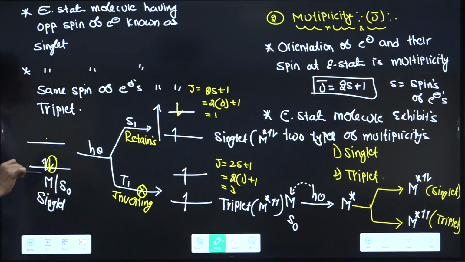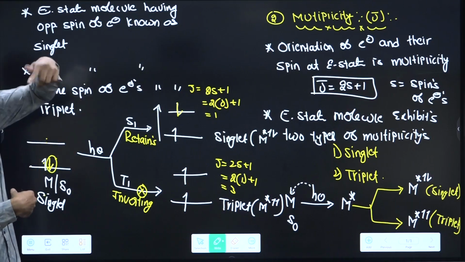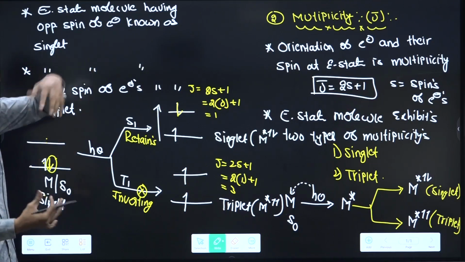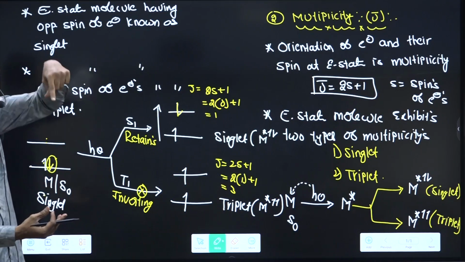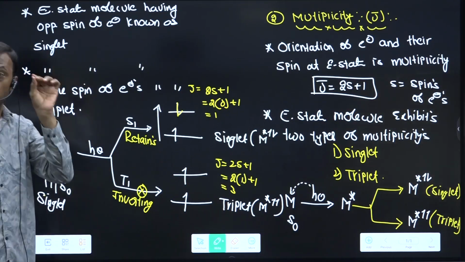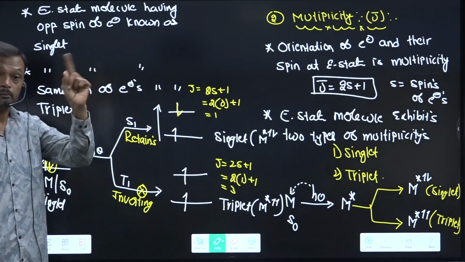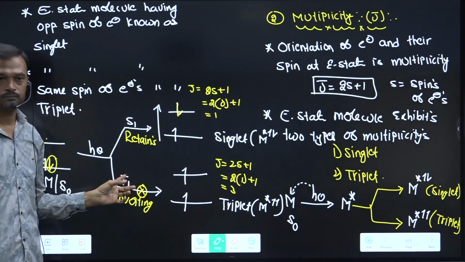Only that transition is possible. Suppose it is initially anti-clockwise and after excitation it rotates clockwise. That transition is not possible. Retention of spin, retaining multiplicity, is an allowed transition.